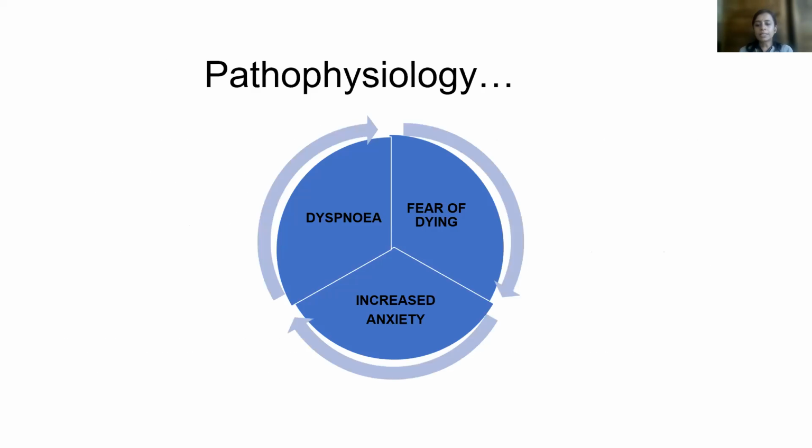So this is a simple pathophysiology. You don't need to learn about the nerve endings or the pathways. This is one important thing that I want you to take away from today's session. That is, whenever there is dyspnea, everyone thinks about death, right? You might have heard during COVID, people sharing their experience.